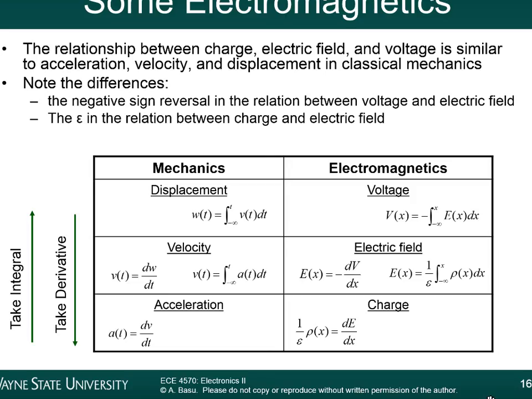Now keep in mind it's with respect to space, not with respect to time. And you also have this negative sign here. Take the derivative of electric field, and you will get a charge density. You also have this 1 over epsilon factor that you have to consider here. This is the permittivity of the material.